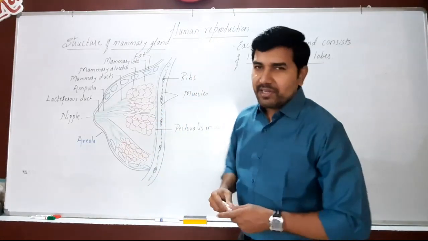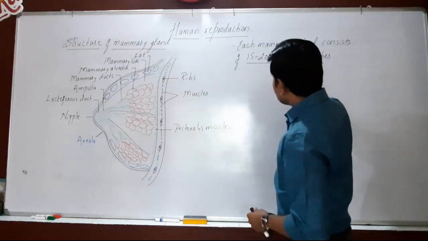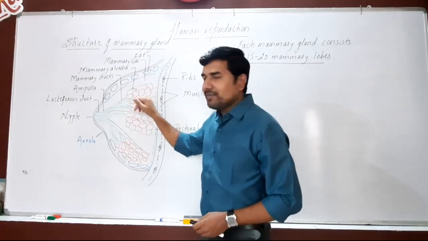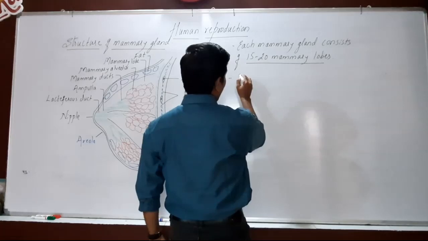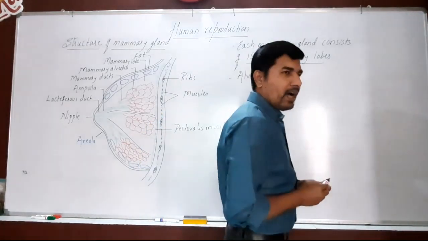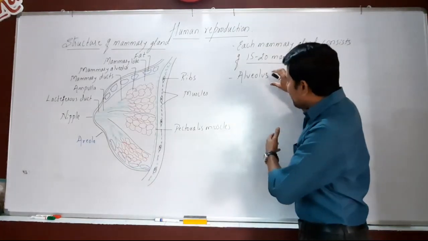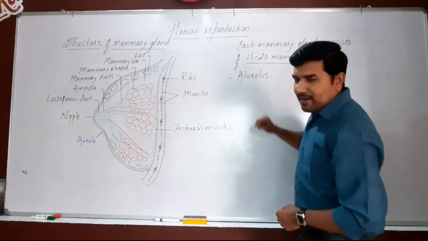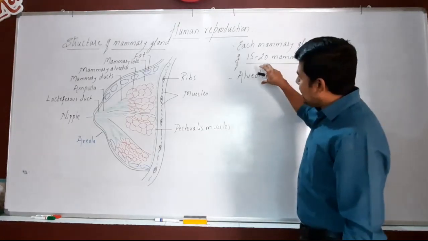Now each of these 15 to 20 mammary lobes consists of sac-like structures which we call alveoli. These alveoli have certain cells, called mammary cells, and they produce the milk also. Look at this part.